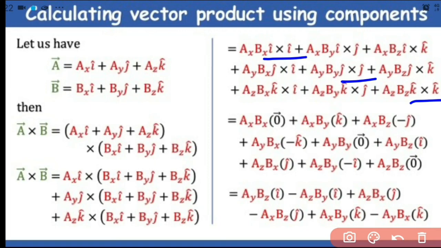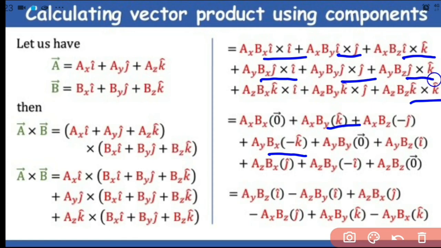Now i cross j, you know, it is k. In the cyclic order, whichever comes, it is positive. So i cross j is in cyclic order, so it is positive. Then i cross k is in the reverse cyclic order, so i cross k should be minus j. Then next one, j cross i, that also is in the reverse order, so it is minus k.